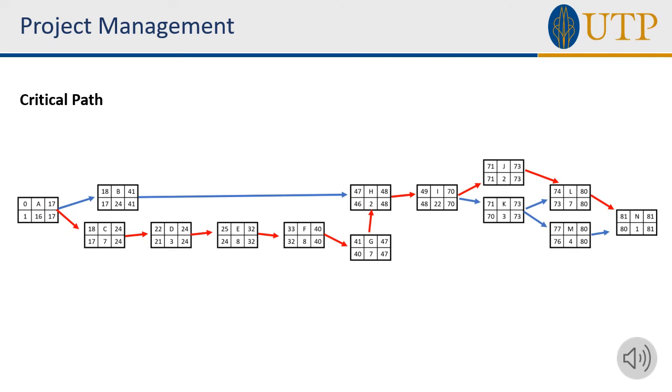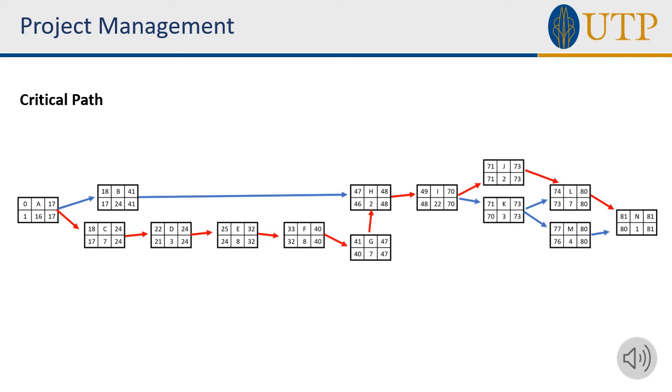So what is a critical path? A critical path is the longest series of all the activities and also sets the project completion time. It must be carried out exactly on time, otherwise it will cause our project to delay. As you can see in the diagram, this is our critical path, which is the red arrow.